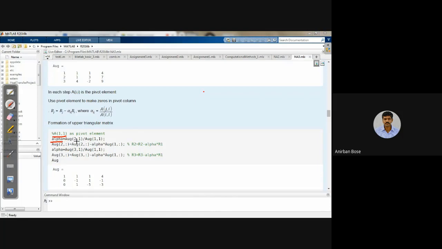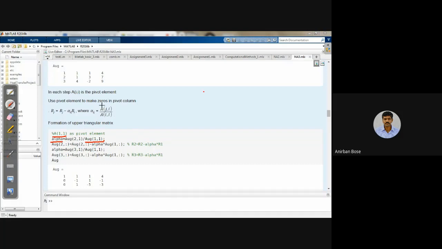And you observe that augmented 2 1 divided by augmented 1 1, because you can understand that augmented 1 1 is nothing but A11, which is the pivot element. So that is there in the denominator, and at the numerator, what is the value? Initially it is taken as 2 1.